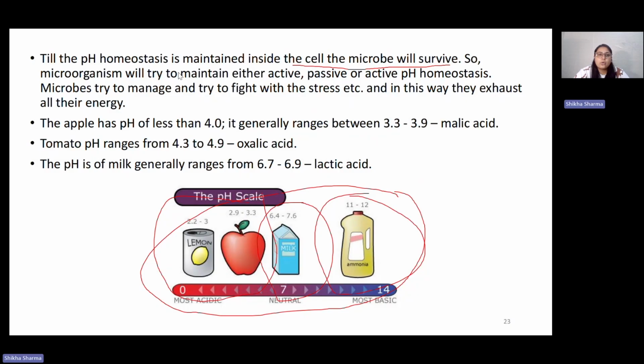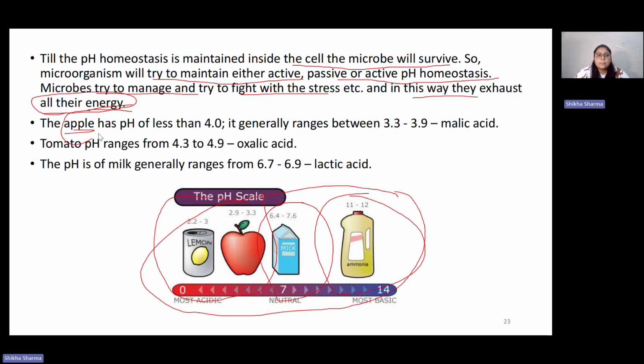The microorganism will try to maintain the pH by passive or active pH homeostasis. Microbes try to manage and fight the stress, and in this way they exhaust all their energy. So if we apply several hurdles, all the energy will be exhausted in the microbial cell, and then it will die.